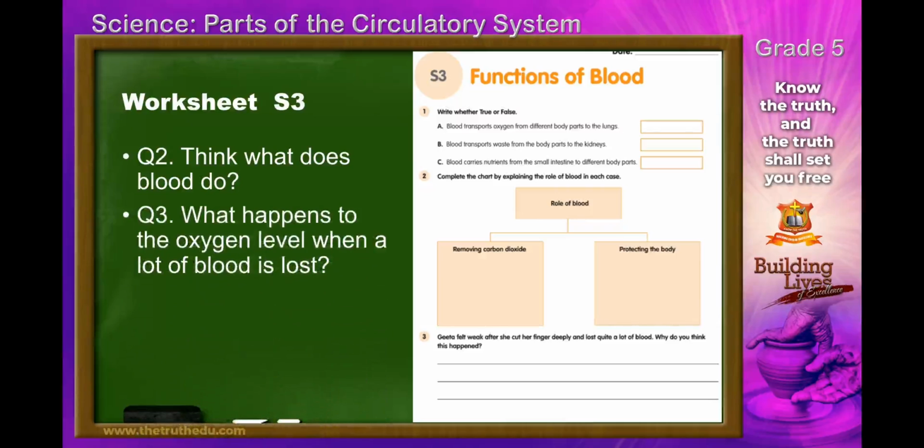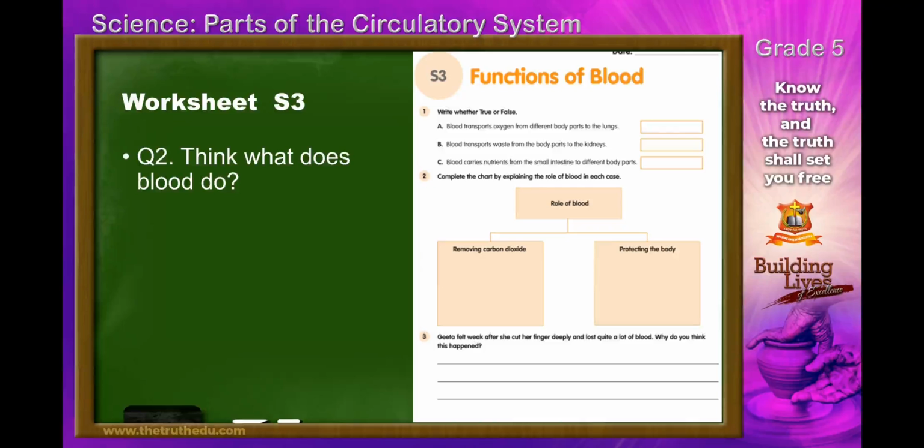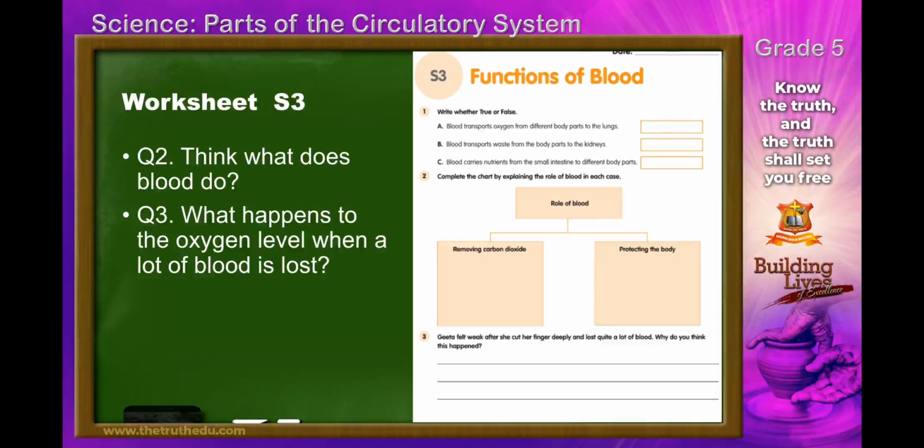The third question is, what happens to the oxygen level when a lot of blood is lost? Think about what happens to the pulse rate and what happens to your body when you lose a lot of blood.